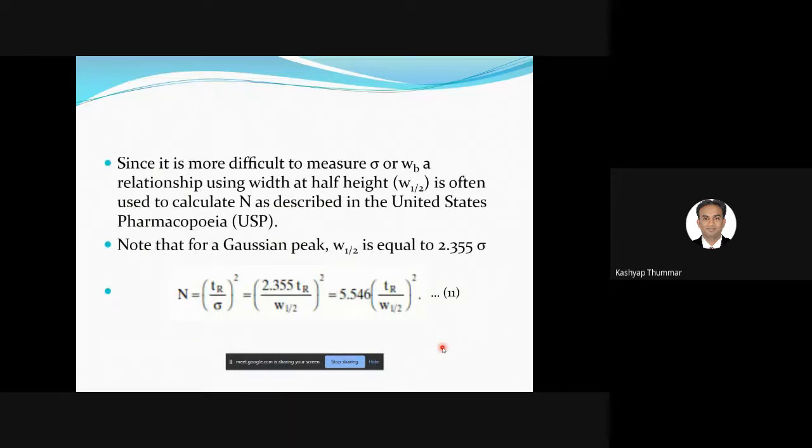So whenever you operate the software, in that it is mentioned USP plate number. There is a function for plate number, and in that function there is a USP plate number function. So for USP plate number, the software calculates according to this equation.